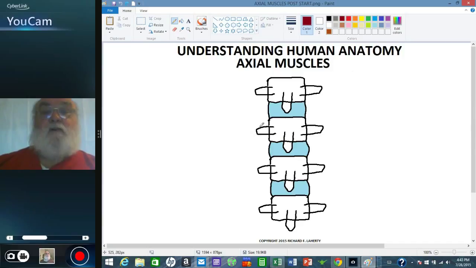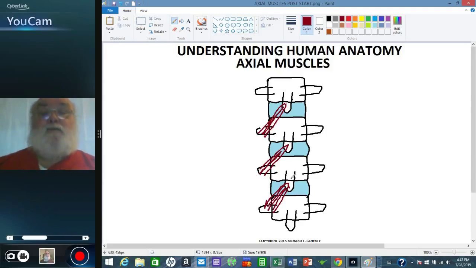We'll try to draw some in here. I have one taking origin on transverse process going over to the neighboring spine, like so. Here's another one. And a third one.